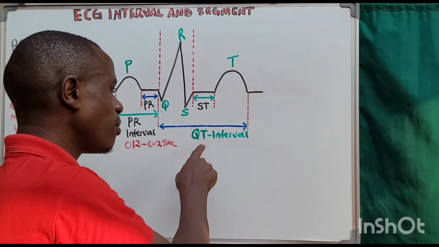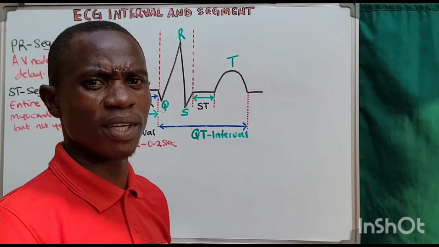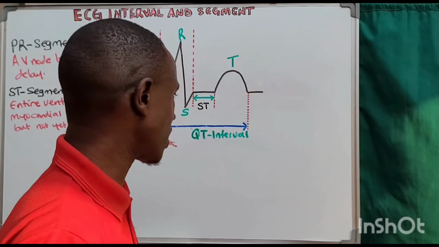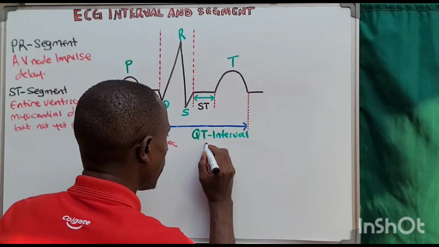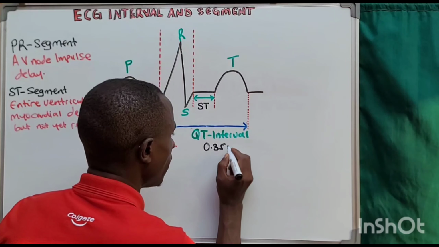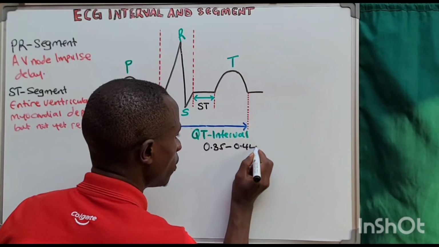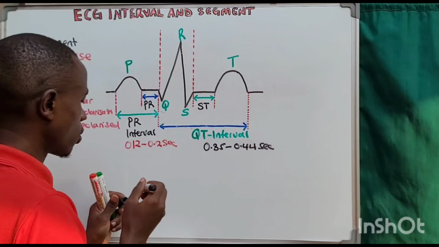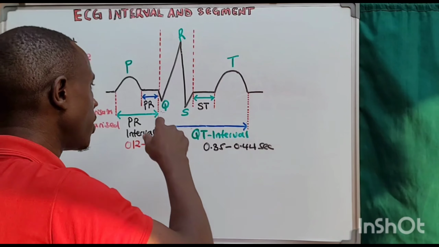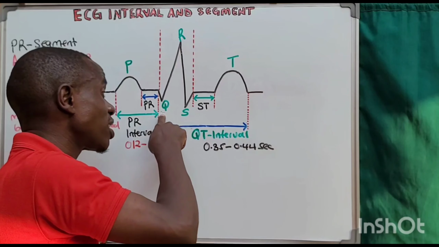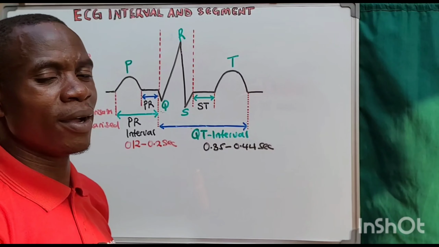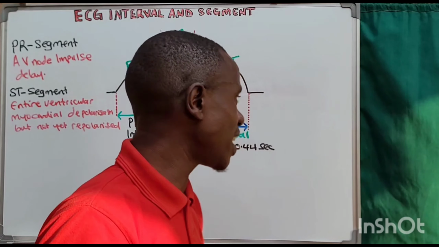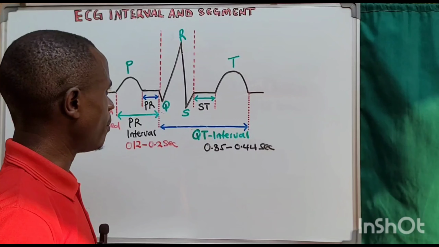This interval takes up much of the time in the cardiac cycle, approximately 0.35 up to around 0.444 seconds, from the time the ventricular myocardium starts to become depolarized until it gets repolarized.